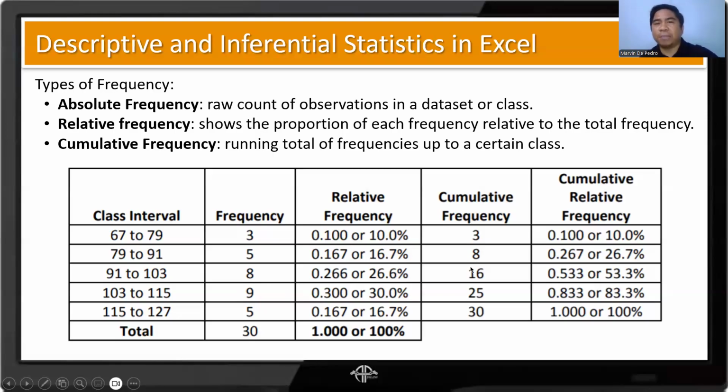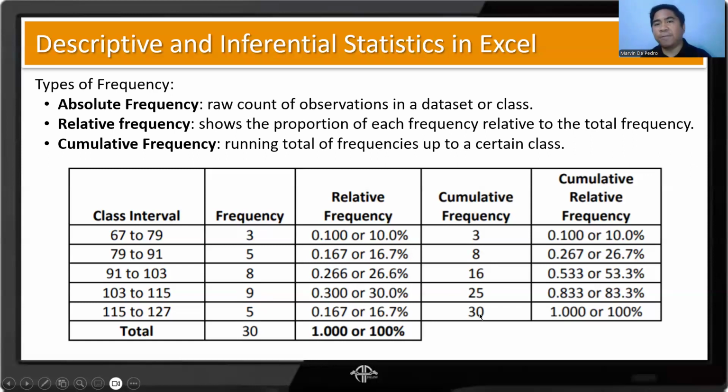So 8 and 8, we have 16. For the next one, the new absolute frequency is 9 and the previous cumulative frequency is 16. So 9 plus 16, that's 25. And lastly, we add the last absolute frequency 5 plus the previous one, 25. So all in all, 30.